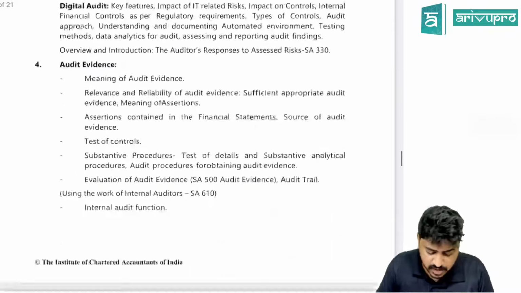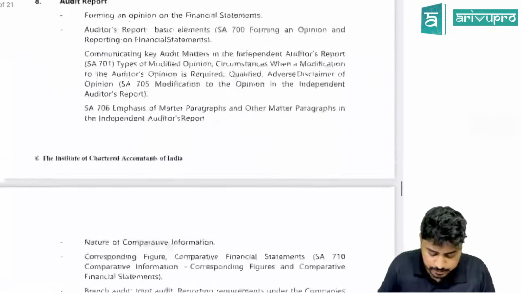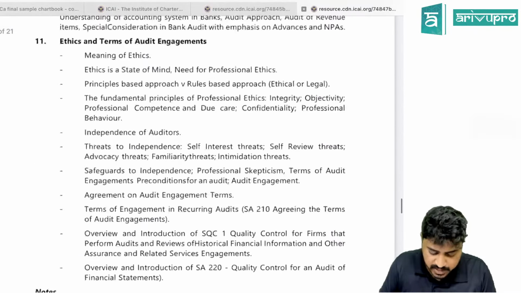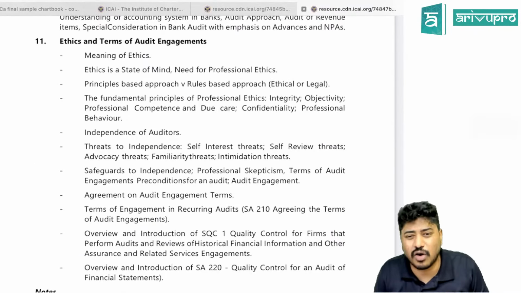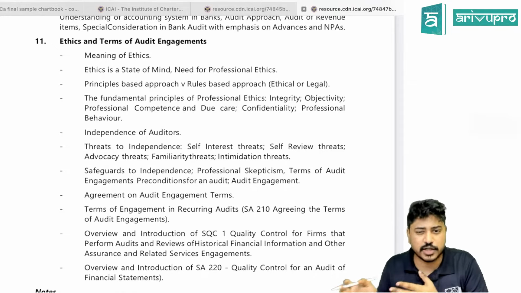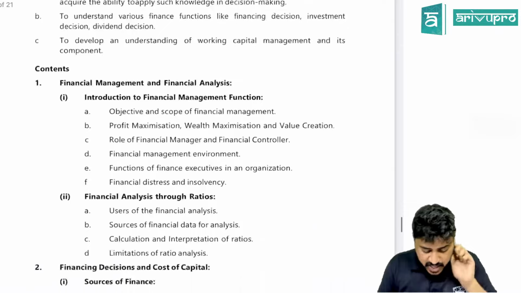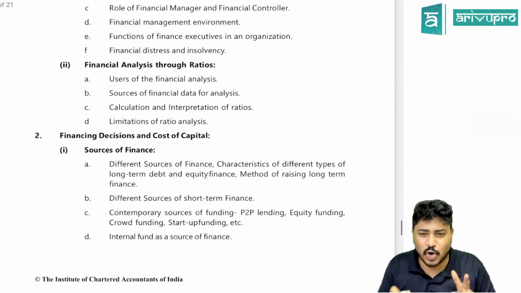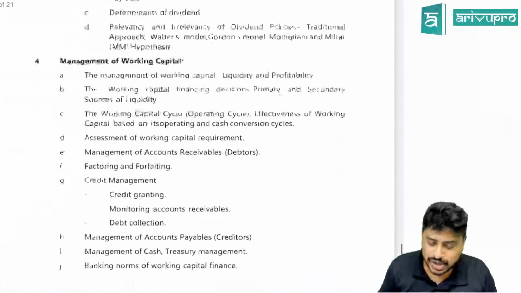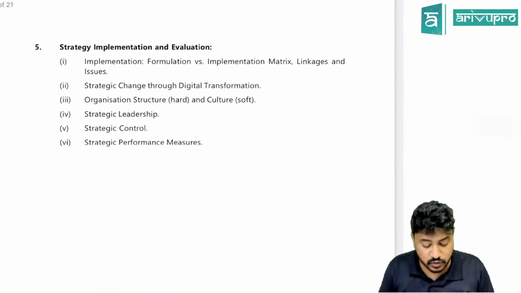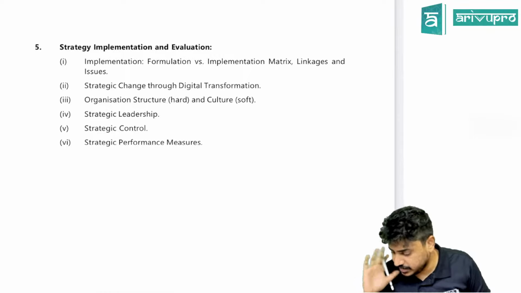Ethics, yes, something new which they have added. There is an ethics module, and they have added some ethics and terms of audit engagement. Audit engagement was already there. Some ethics elements they have added. Financial management, overall, almost the same. And SM also almost the same. Okay, there are no major changes in the portions of CA Inter.